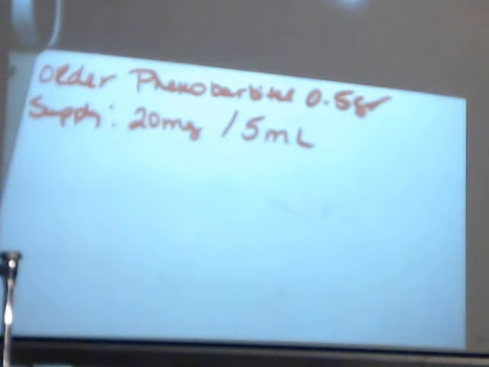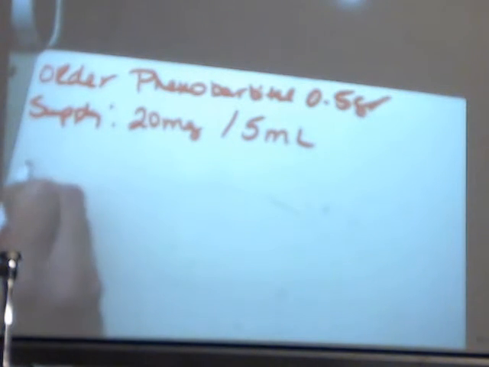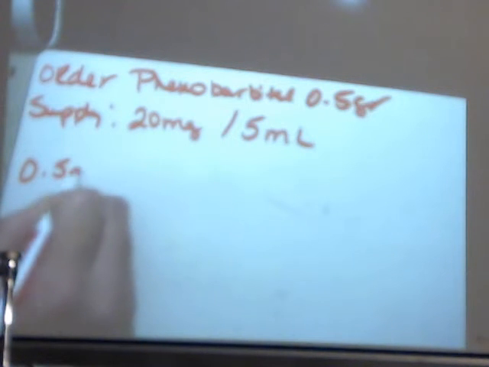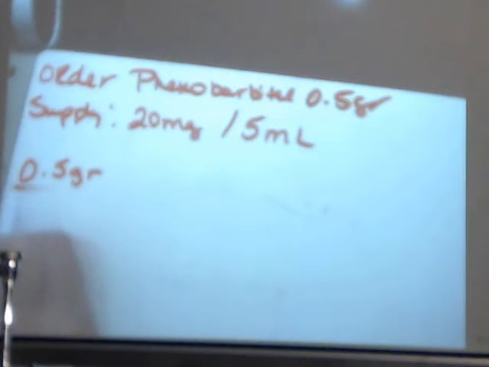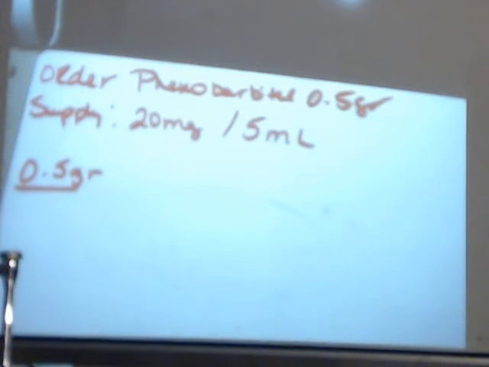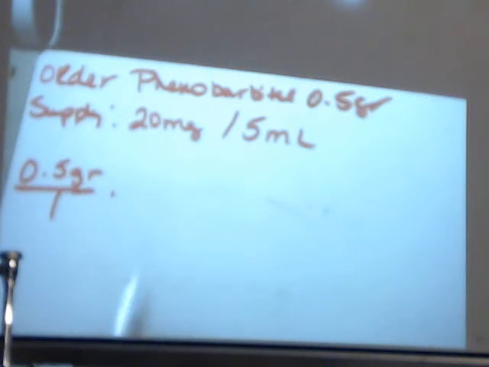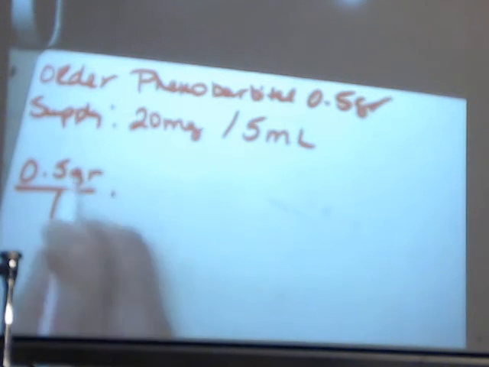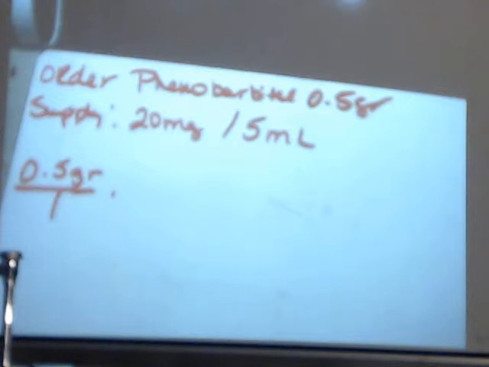Okay, so we're going to set that up. The order's always first. We're going to give 0.5 grains over 1, times what we have on hand. Now we have a unit of weight and a unit of volume. So we're going to put the volume on top because we need to cross cancel out, and it asks how many milliliters.